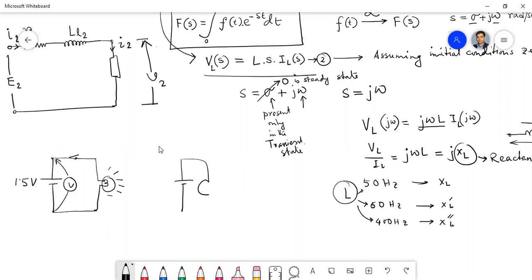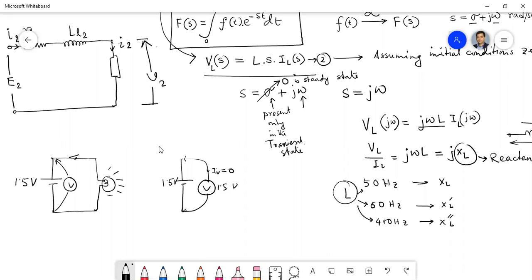So when initially you measure with the voltmeter, it will read 1.5 volt only, because ideally the current drawn by this voltmeter, practically it's in the order of milliampere or so, but ideally it should be zero. So it will read 1.5 volt only.